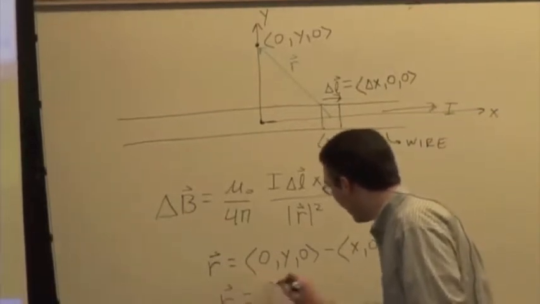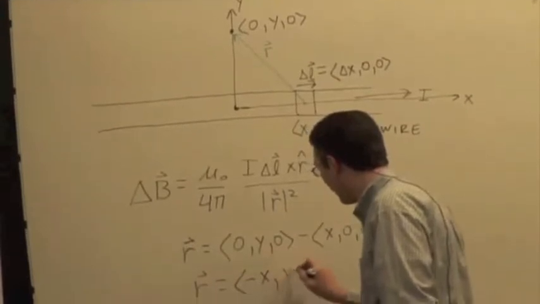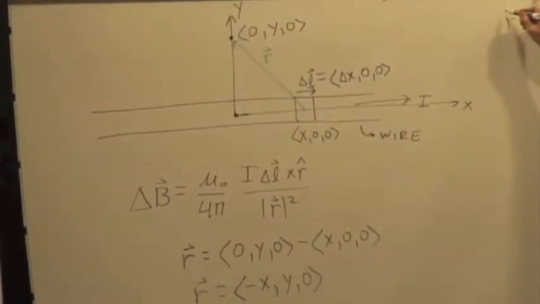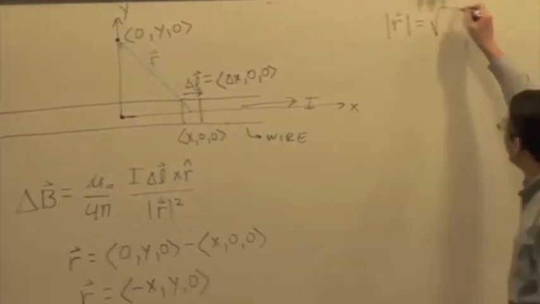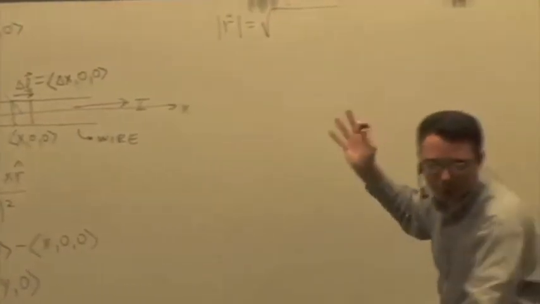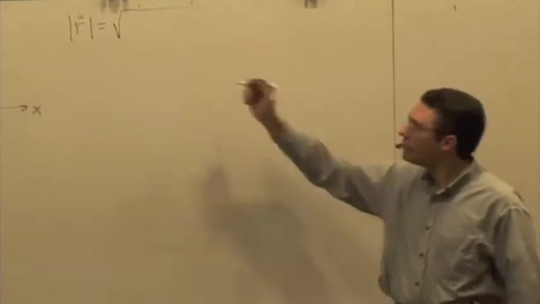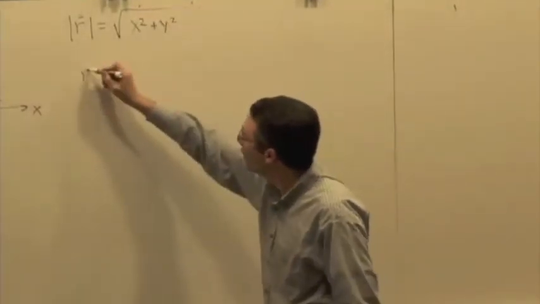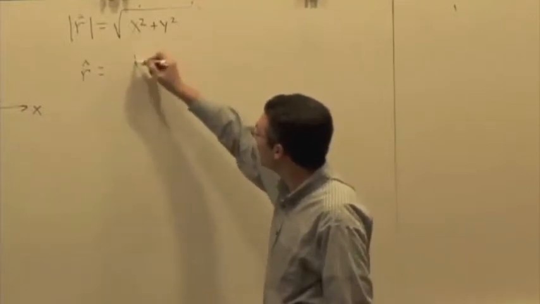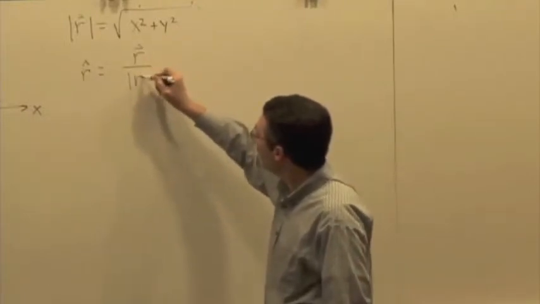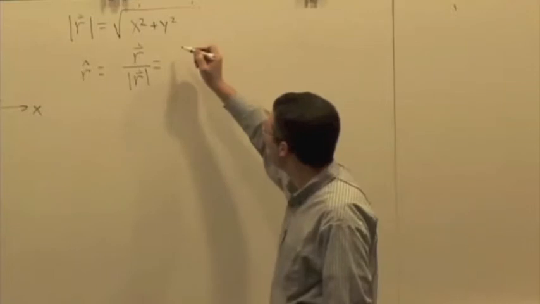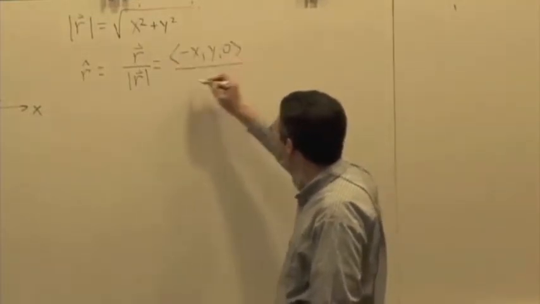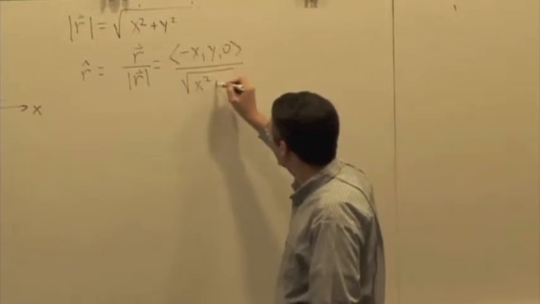So r is going to be then negative x, y, 0. We need to find the magnitude of that. That's just going to be the square root of x squared plus y squared. R hat is r over the magnitude. We have negative x, y, 0 over the square root of x squared plus y squared.